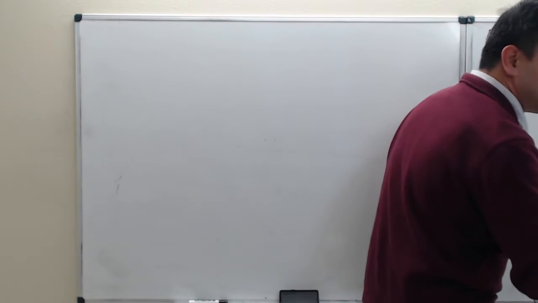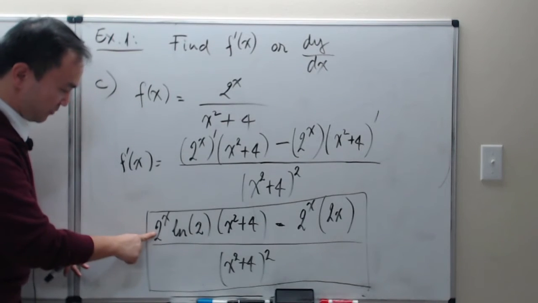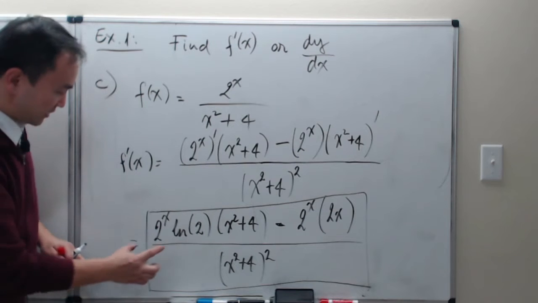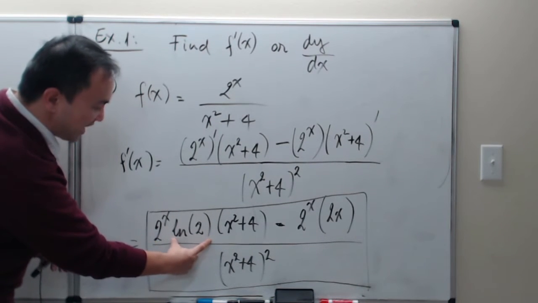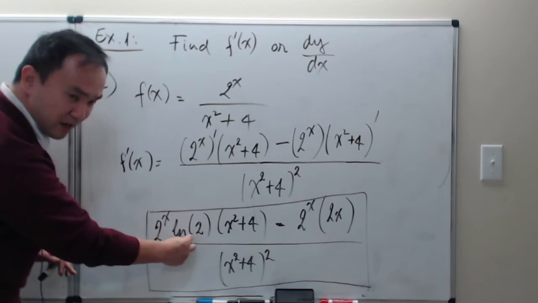Let me quickly bring it back so everyone can see. There's a common factor 2 to the x in each term. But notice the natural log of 2 is just one particular factor, so don't bring the 2 out, because it's a natural log of 2. It's not ln times 2.